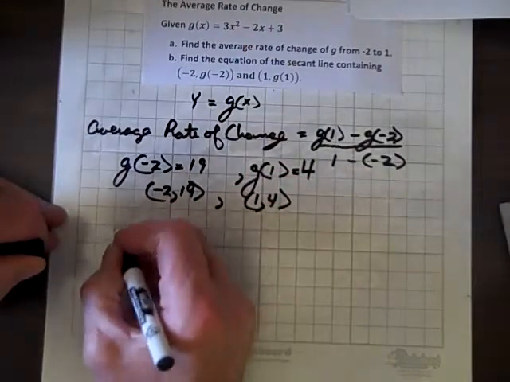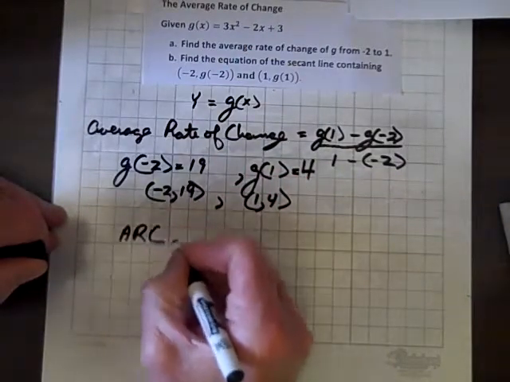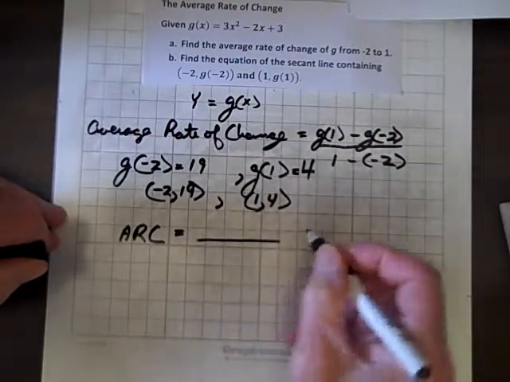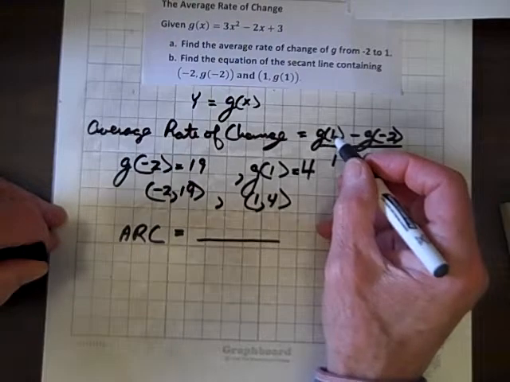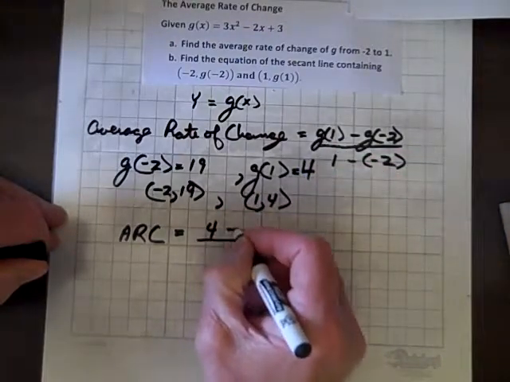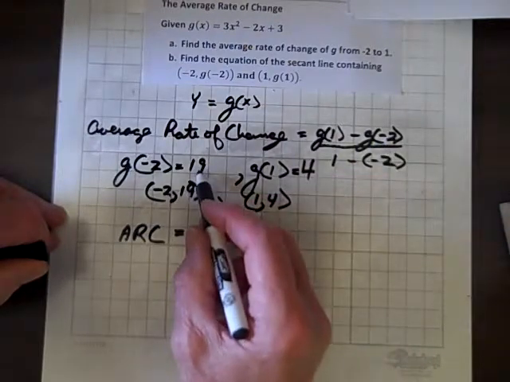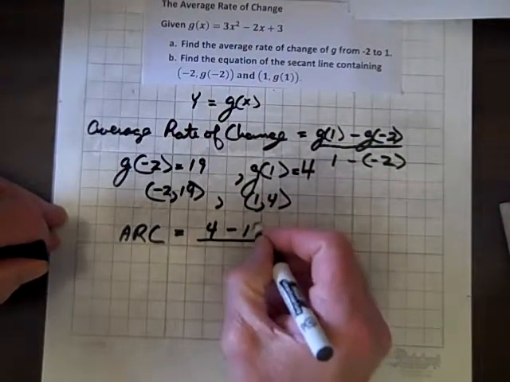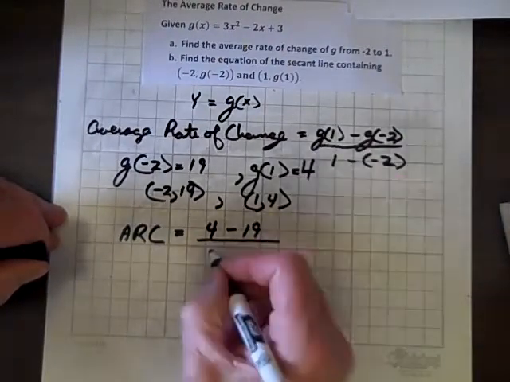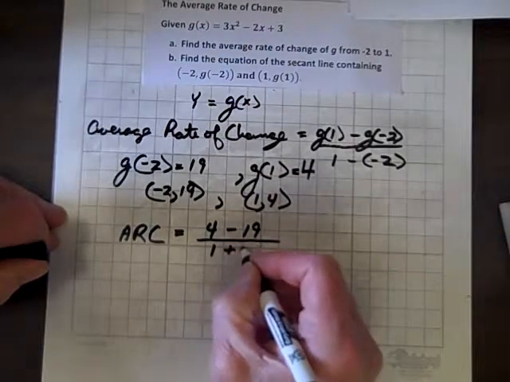So I'm going to write the average rate of change equals, in place of g of 1, we'll install the value 4, minus, in place of g of negative 2, we'll install the value 19. And downstairs we have a 1 minus a minus 2 gives us a plus 2.